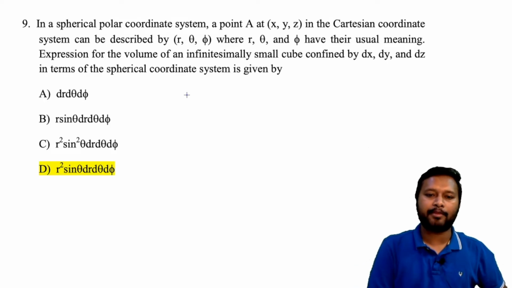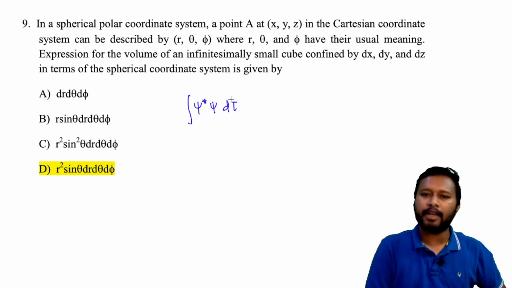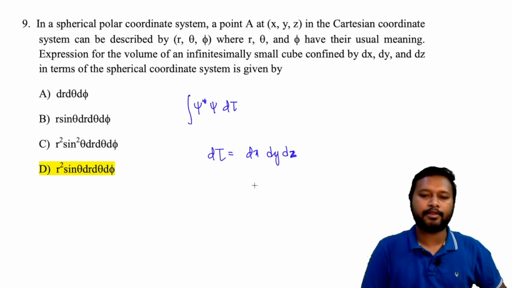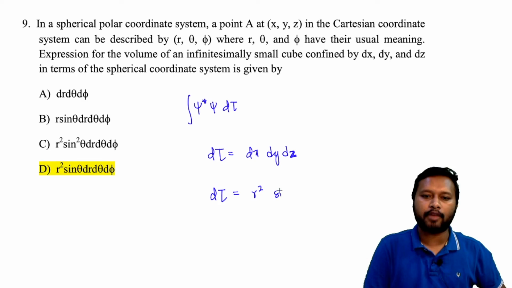Now this question can be done like this. You might have seen that we write psi star psi d tau, and in the Cartesian system, d tau has a value of dx, dy and dz, because in the Cartesian system it's like that. In the polar coordinate, your d tau has a value of r square sine theta dr, d theta and d phi. Now it's a long derivation how you can approach this.